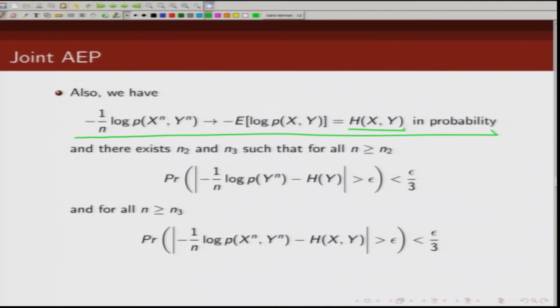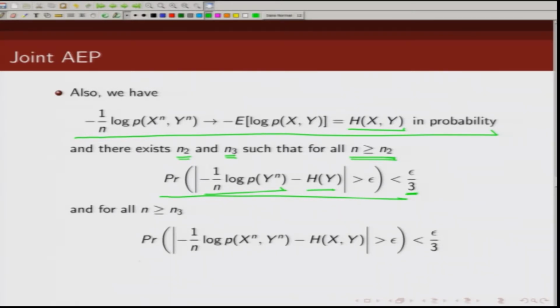And as we said, we can equivalently write these conditions as follows: there exist some n2 and n3 such that for all n greater than n2, the probability that the absolute difference between the empirical entropy and the true entropy exceeds epsilon is less than epsilon by 3.